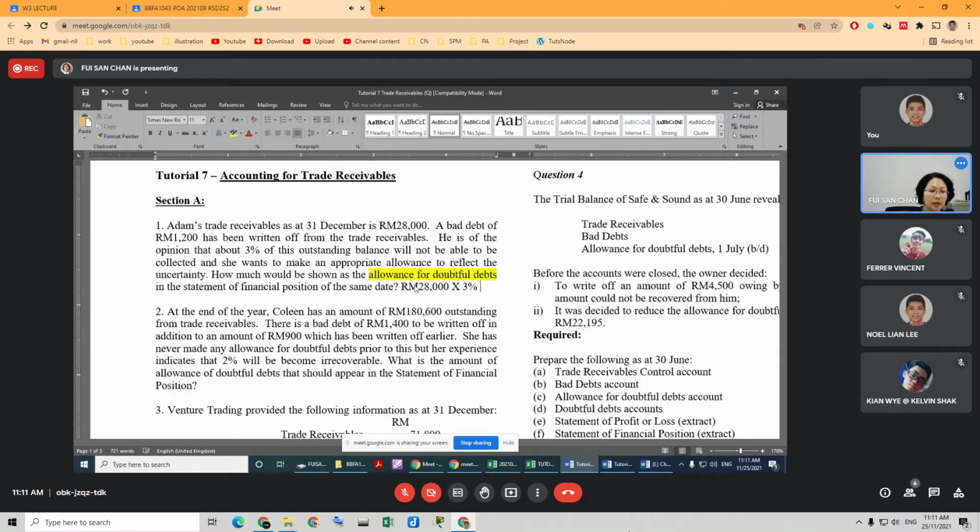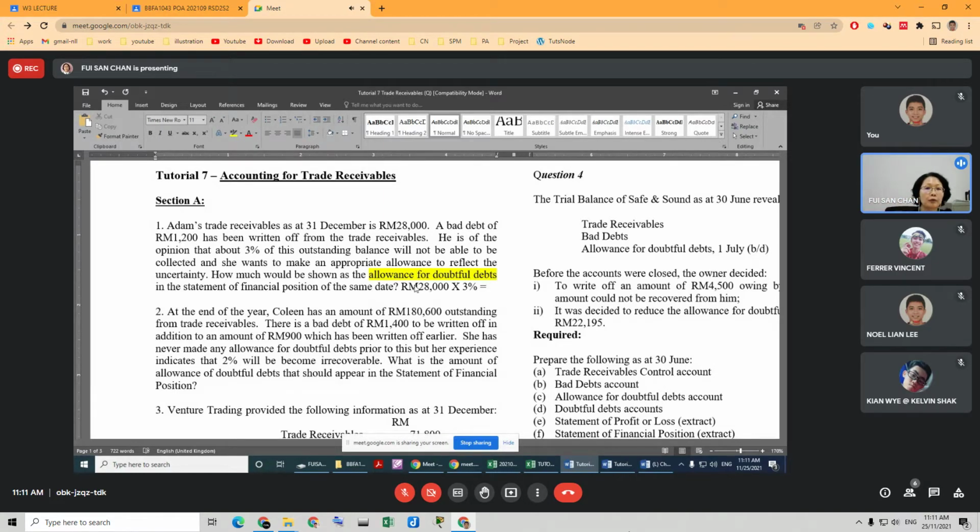Yes, very good. Because bad debts already deducted, so I think during lecture you also know, before you calculate allowance for doubtful debts, you must make sure bad debts already deducted, right? Because bad debts means no hope already. So if no hope, then deduct from trade receivable. Then the remaining, you times a percentage, then it becomes an allowance for doubtful debt.